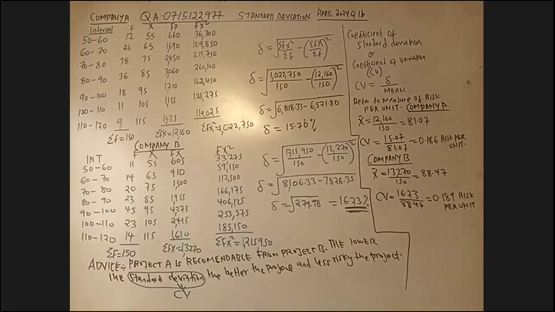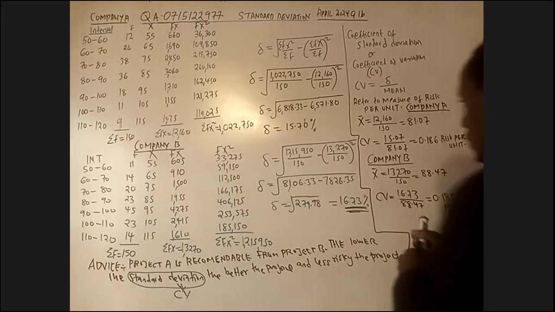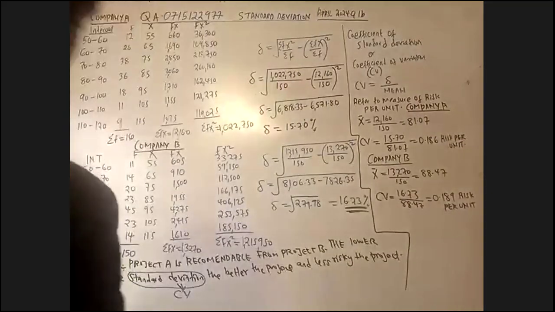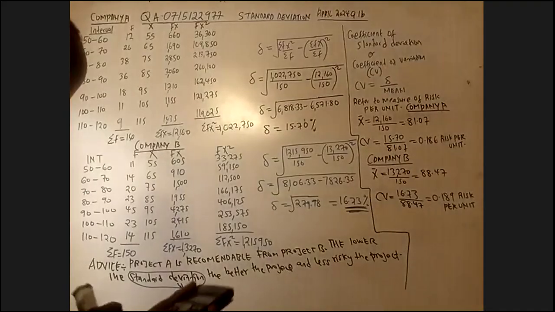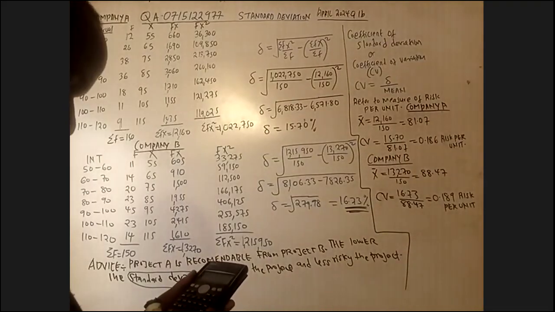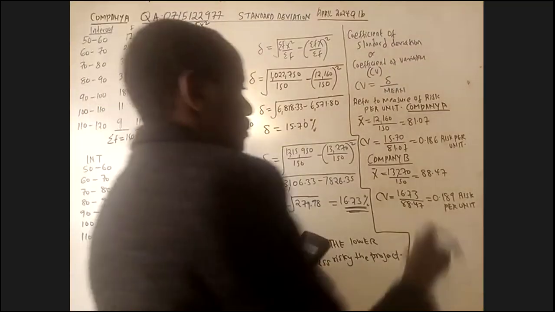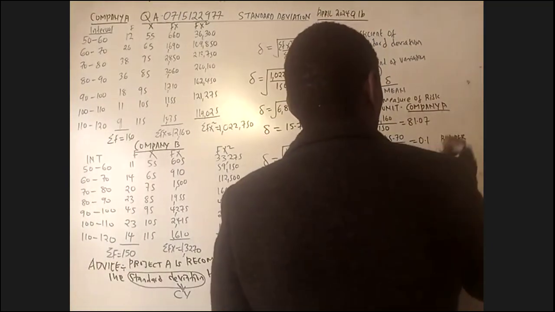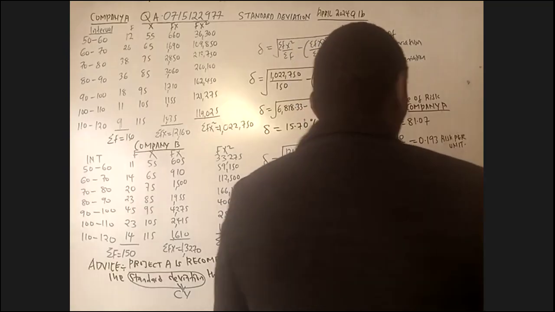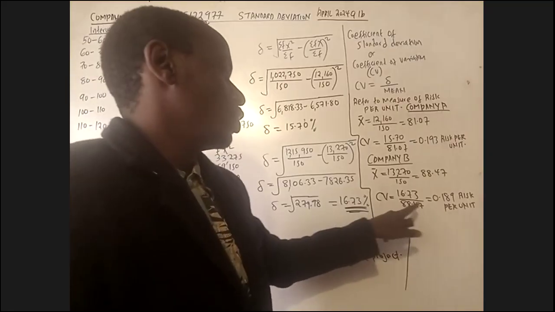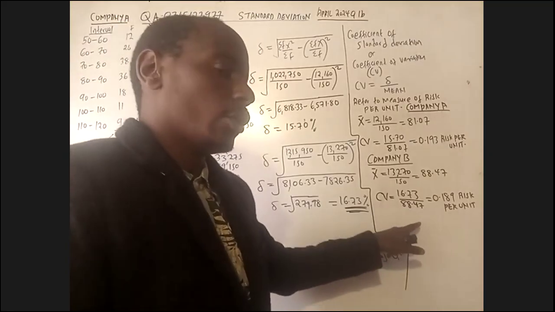That gives 0.193 risk per unit. So it becomes the opposite. Now, if you use CV, the coefficient of variation, you should take project B.